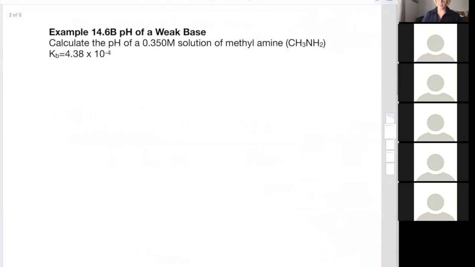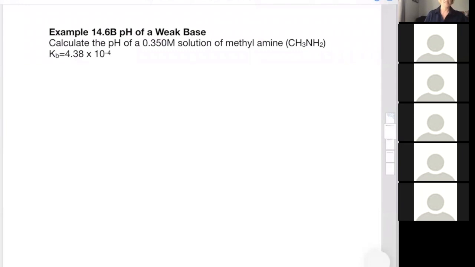This is the other situation that you're going to encounter, and that is the pH of a weak base. When you have weak bases, then our equilibrium is going to shift to the other side. So instead of it shifting completely to the far right, it's going to be more toward the far left.